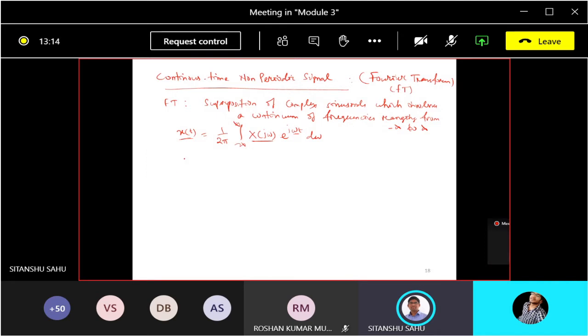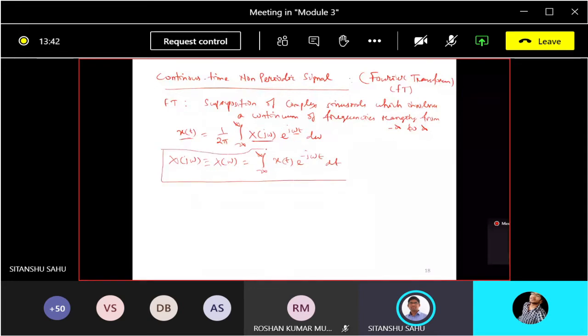Then this Fourier transform x of j omega, which some texts write as x of omega, can be written as the integral from -infinity to infinity of x of t e to the power -j omega t dt.